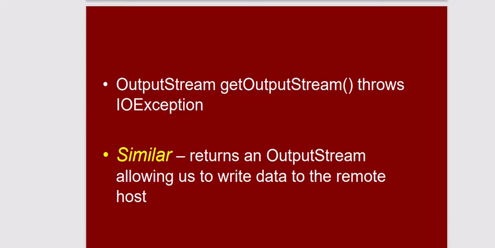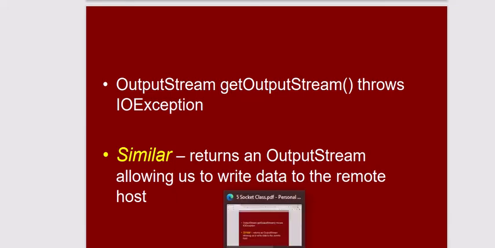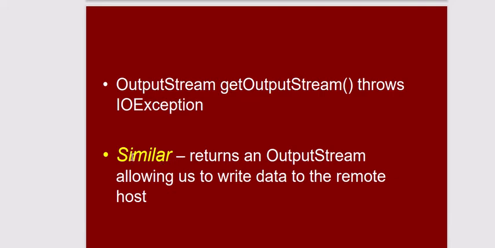That sounds a bit complicated, but it's not. I'm going to give you a program that shows you the use of GetOutputStream in action in a moment. In a similar fashion, GetOutputStream actually returns an output stream object. Sorry, an output stream, and it is an object.